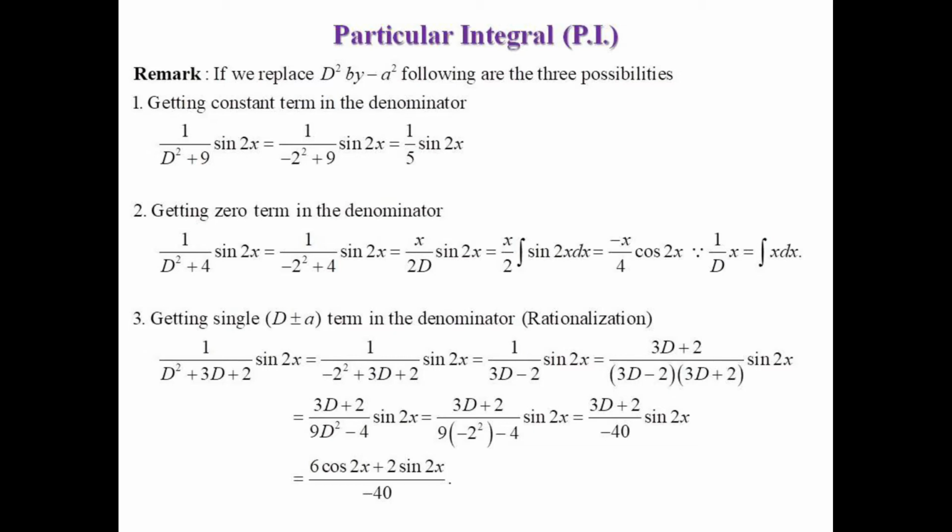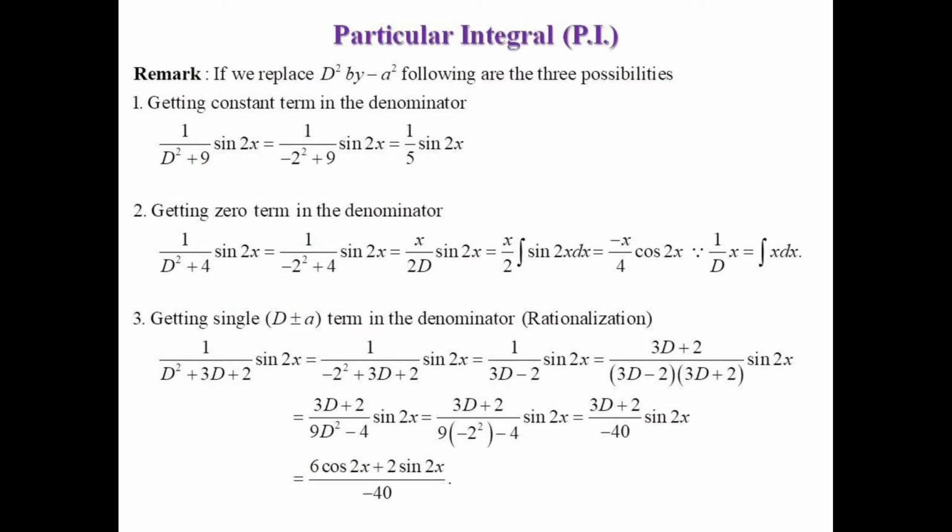Similarly, the second possibility is that when we replace D square by minus a square, we may get a 0 term in the denominator. For example, if we try to find the particular integral of 1 upon D square plus 4 into sine of 2x, then replacing D square by minus a square, the value of a is 2, its square is 4, so minus 4 plus 4, that means we get a 0 term in the denominator.